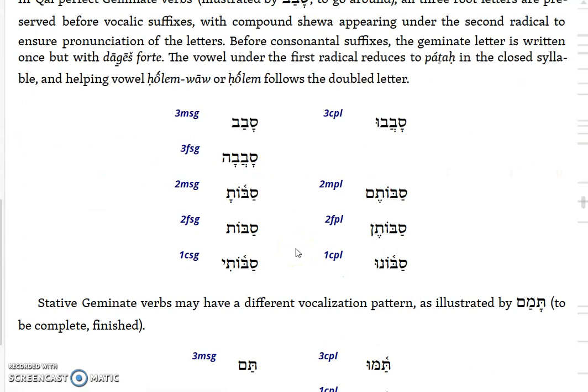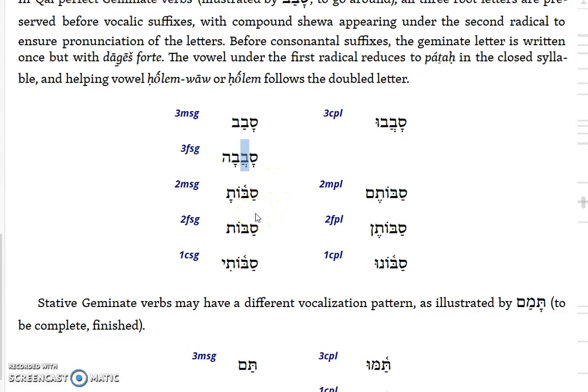follow a pattern that in some ways looks similar to the strong verb. So you have savav, he went around, and savaba, she went around. And by the way, that looks like a typo because it should be a simple shewa under a non-guttural rather than a composite shewa.